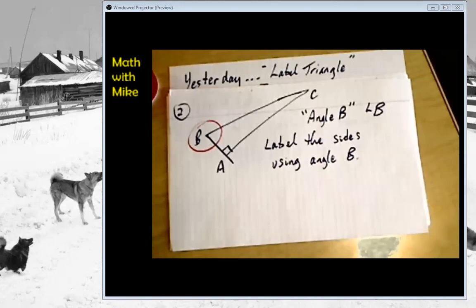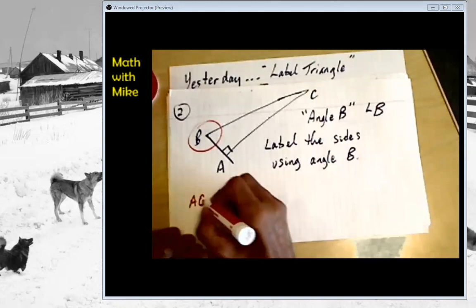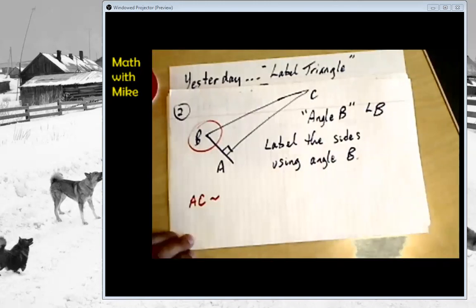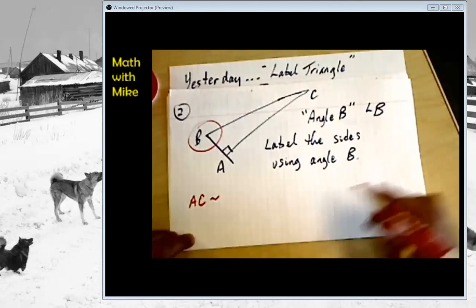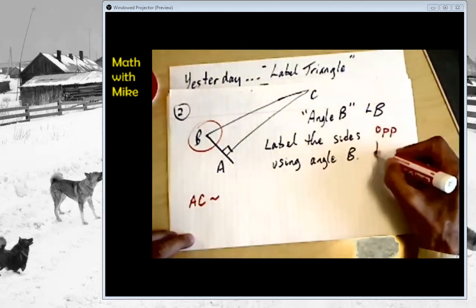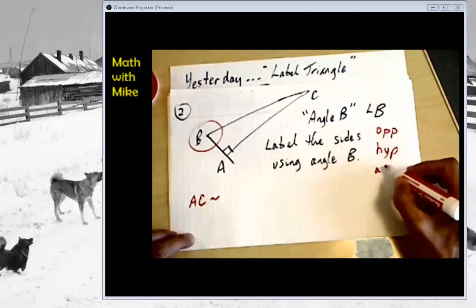Okay, good people. AC is what side? Same choices as last time: opposite, hypotenuse, adjacent.